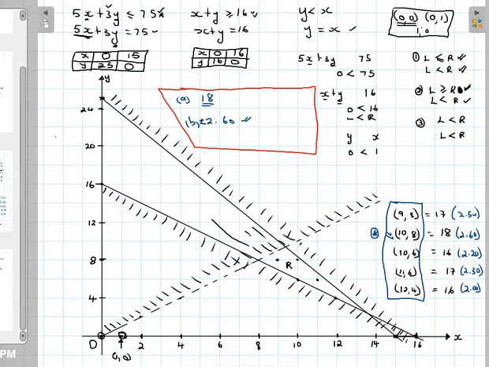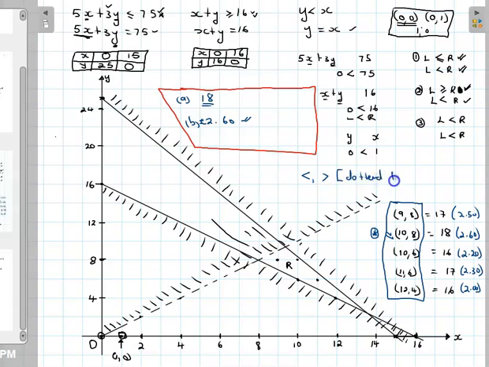It included legitimate, proper ways of deciding on where to shade, irrespective of a line, up to the point you get your feasible region. So maybe something that I need to re-emphasize is, if your inequality only has the sign less than or just greater than, you draw a dotted line.